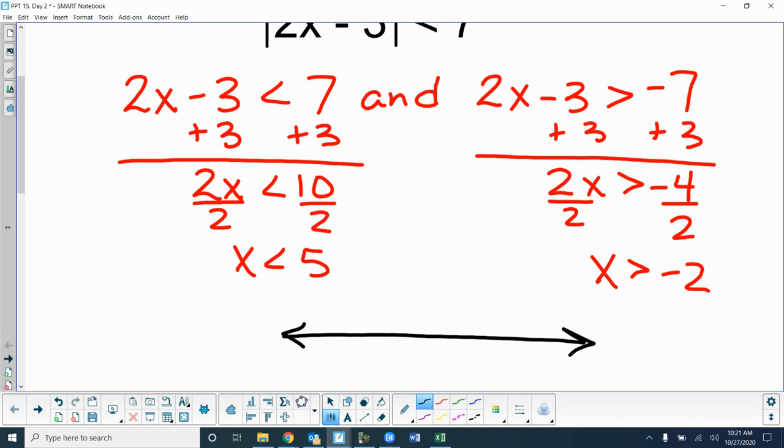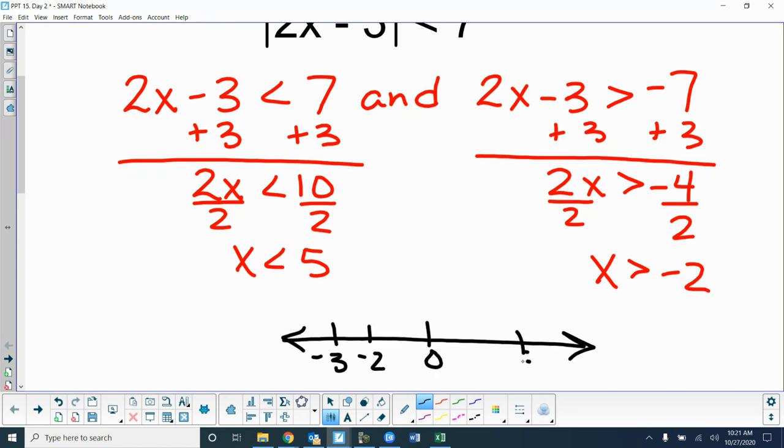Okay, so -2 would be down here, 0 is about here, and then we got 5 and 6. Kind of get an idea where we're at. Now, yesterday, all of our examples had the equal to. This one has no equal to, so where do I put it? -2 and 5. Circles, yeah.